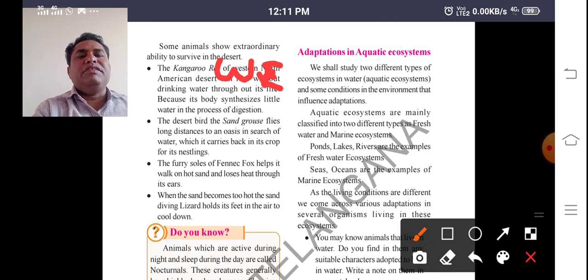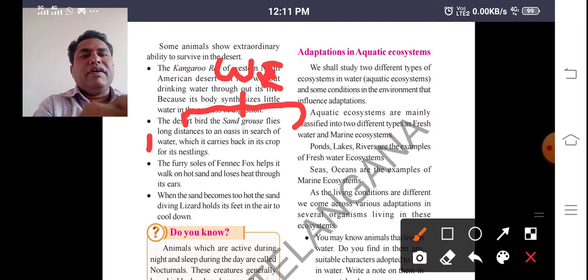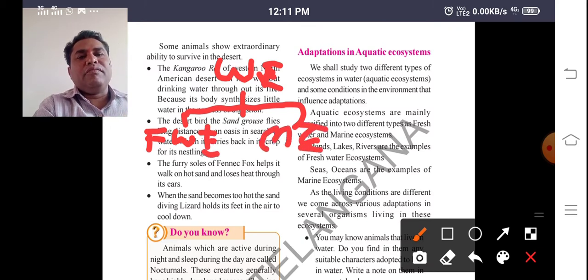Water ecosystem is divided into two main types, that is freshwater ecosystem and marine water ecosystem.